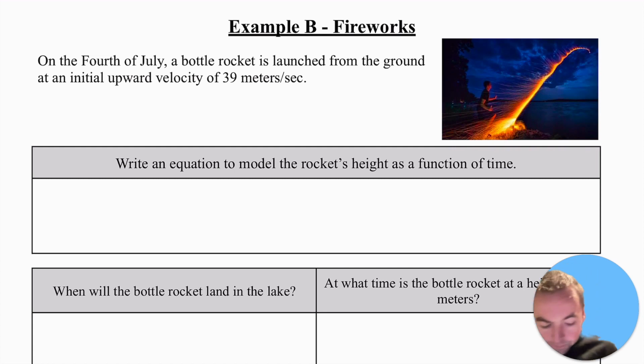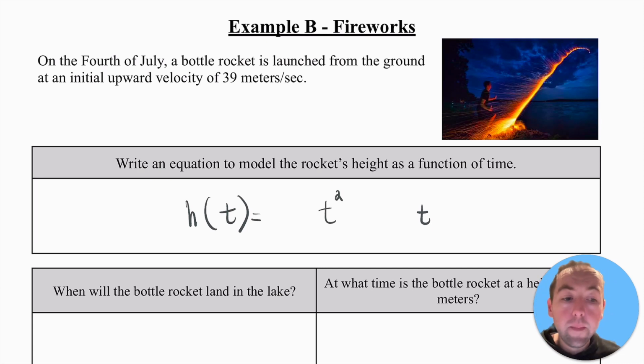So since we're dealing with projectile motion, just recall that the height of the object after t seconds of time is a quadratic function. So we're going to have a t squared, and then a t term, and then a constant, right? So this coefficient in front of the t squared needs to be involving gravity, and it's always negative half of the gravitational acceleration.